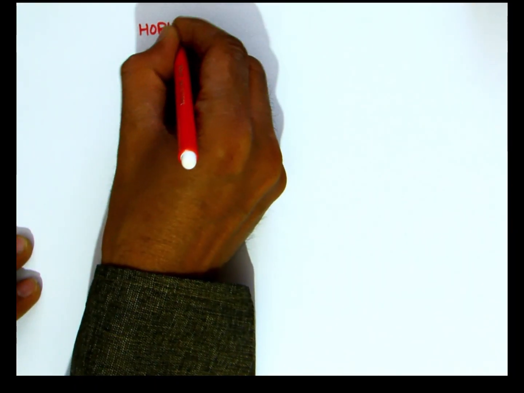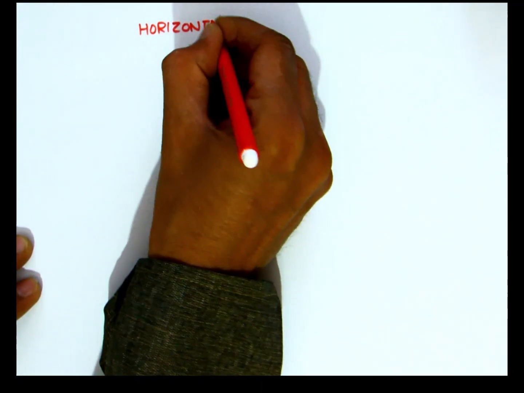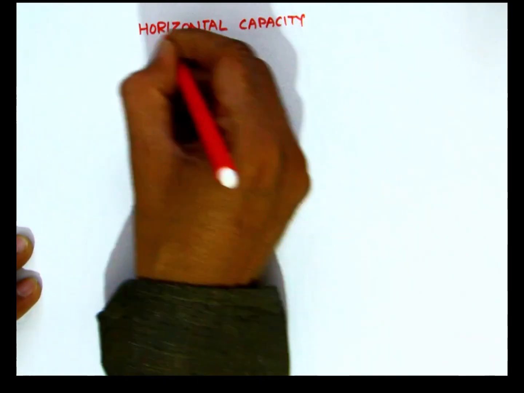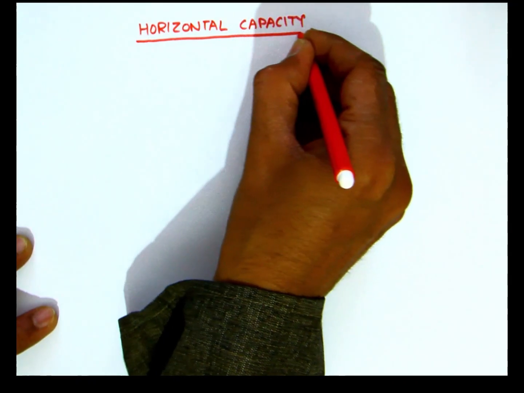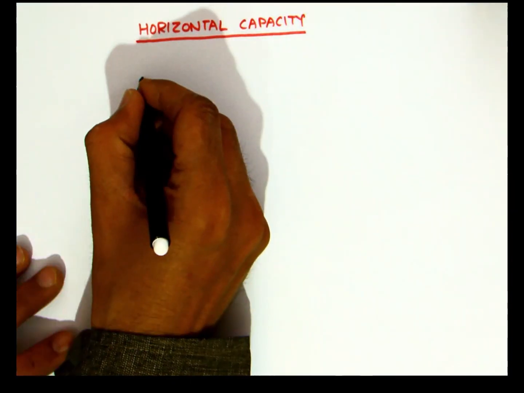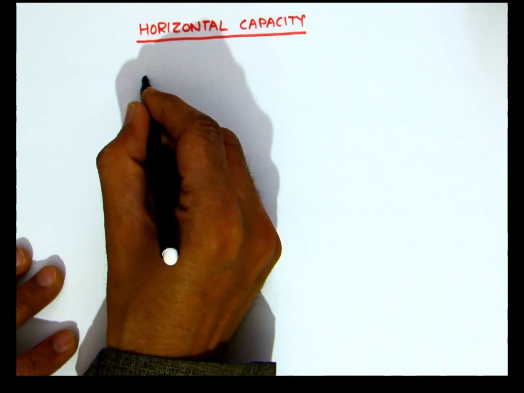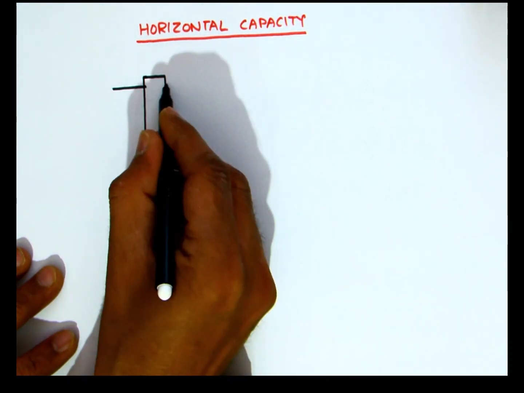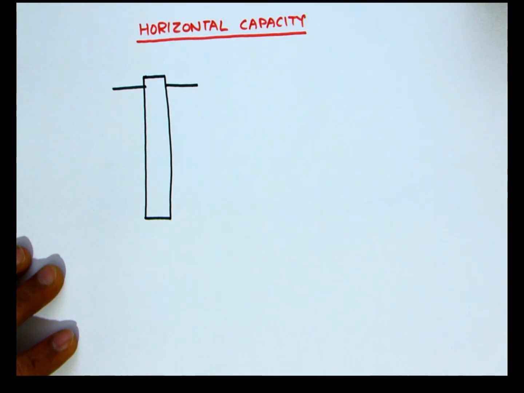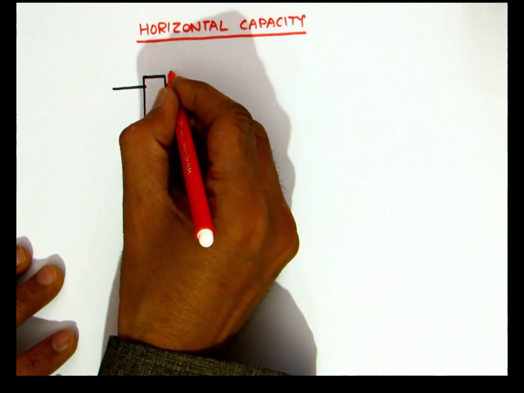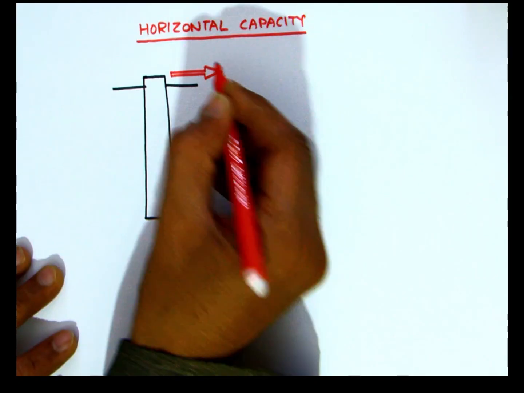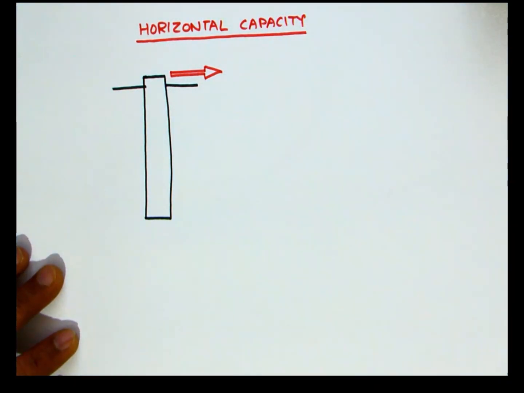Let us now study the expression for the horizontal stiffness of a pile. Under a horizontal load, the pile essentially deforms in the fashion shown here.